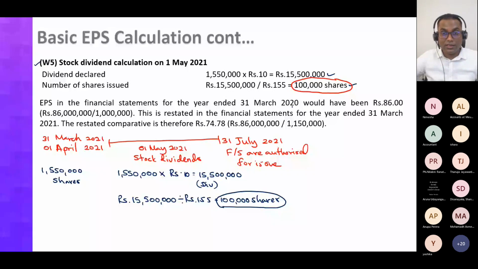That is my comparative year. Earlier it would have been 86 rupees, 86 million divided by 1 million shares. This is restated in the financial statements for the year ended 31st March 2021. Restated comparative is therefore 74 rupees and 78 cents. That is 86 million divided by 1,150,000 shares.